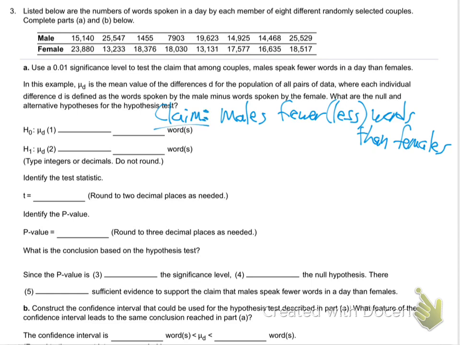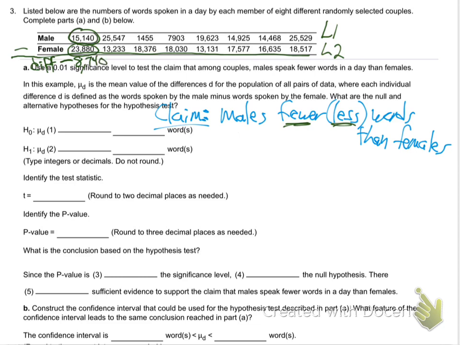That's what's being claimed. Okay, so the males, that's list 1, and the females are list 2. So we're saying mu1 minus mu2. What does that mean if the males are less? If the males are less, if you're taking the difference, you're going to get the differences down here, right? And if the males are fewer, like this male is less than the female in this couple, you get a negative answer, negative 8,000 whatever, 740, when you subtract.